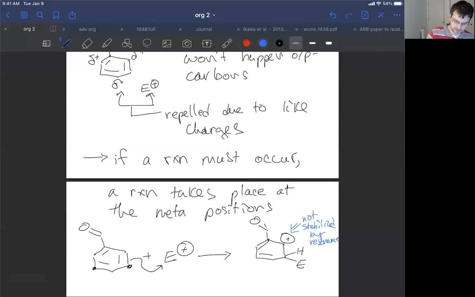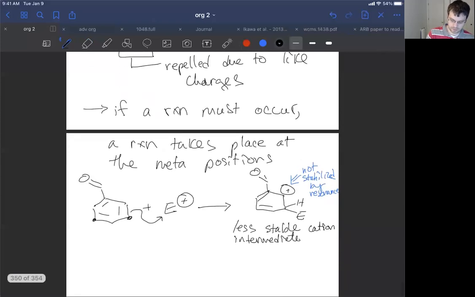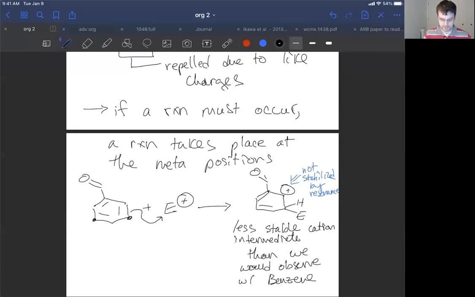And so what we get is a less stable cation intermediate than we would see with benzene. Okay, but anyway, we're halfway there, so let's finish the job. The hydrogen is going to fall off the molecule to reestablish aromaticity to give rise to our final product.